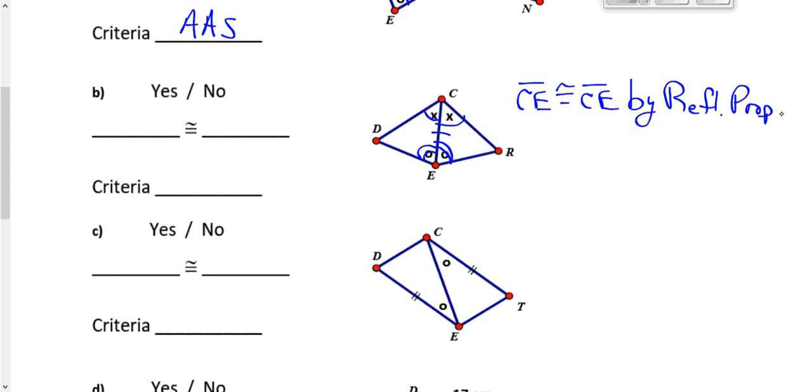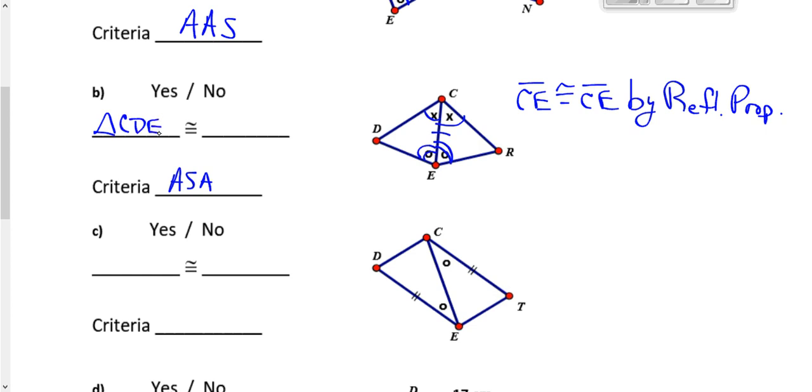And so the criteria should go first. What would be the criteria? Which one of those are we using? Angle, side. It looks like that side's in between the two angles. Angle, side, angle. And let's get a congruent statement. Triangle CDE.